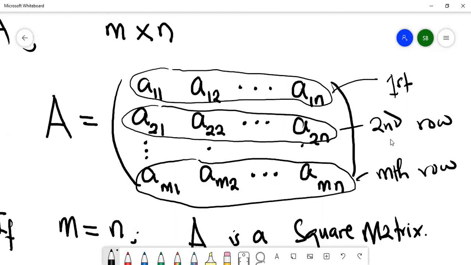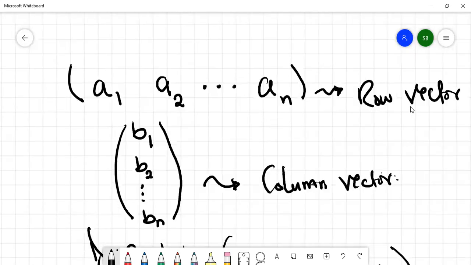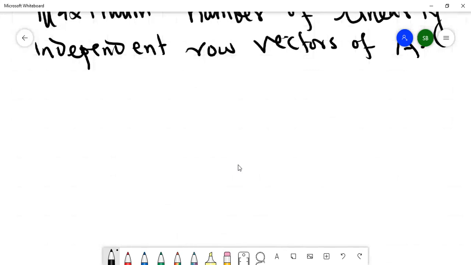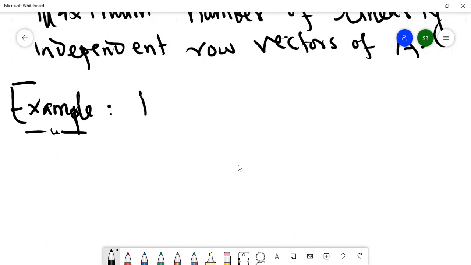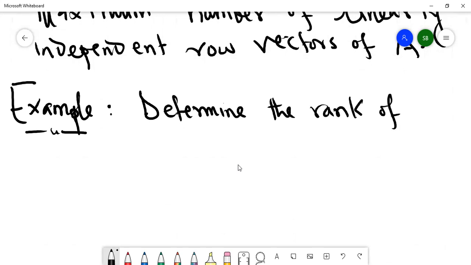Okay, an example should convince you. Let's consider an example. Suppose you are to determine the rank of this matrix.